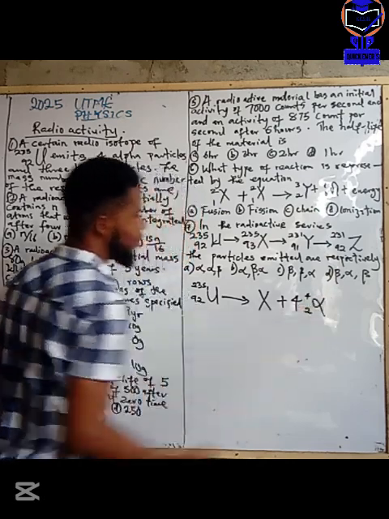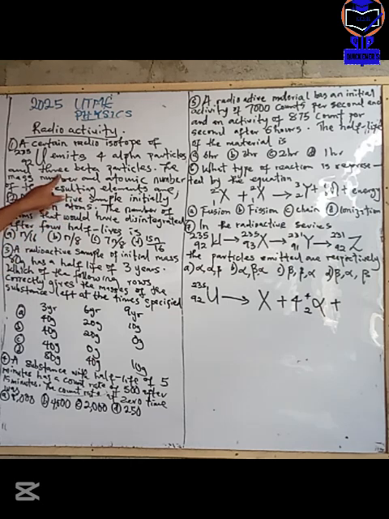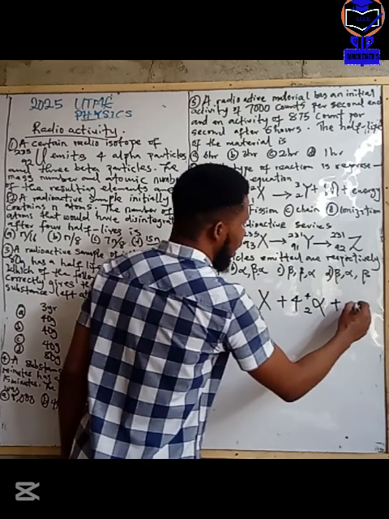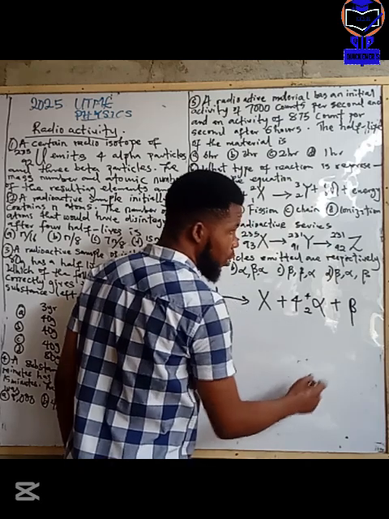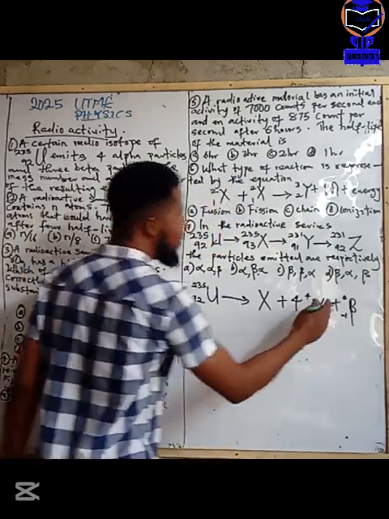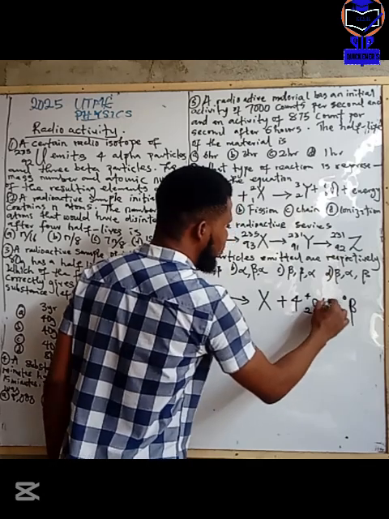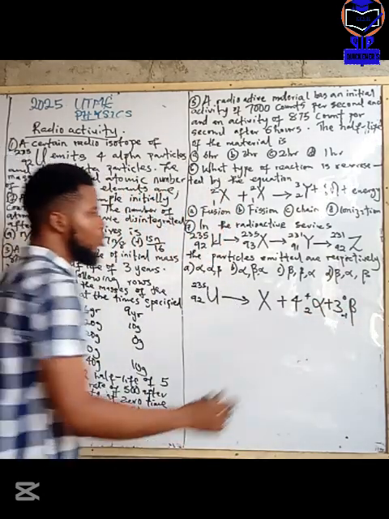Then, what else? 3 beta particles. This is the beta, either like this or use electron. So beta here is -1 and 0. How many? 3 of it. So let's put our 3 here.